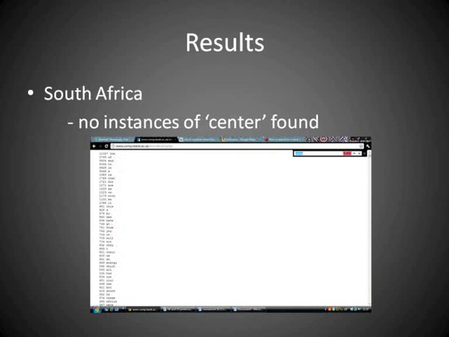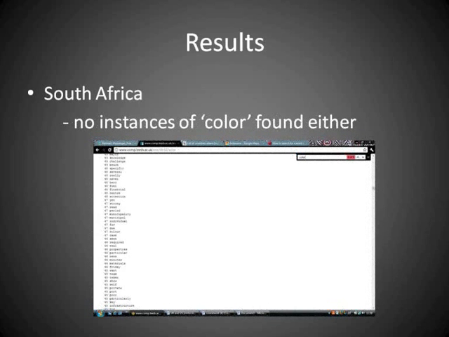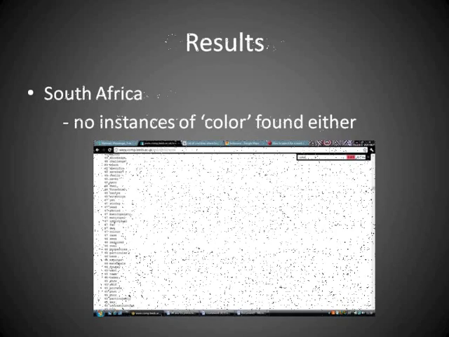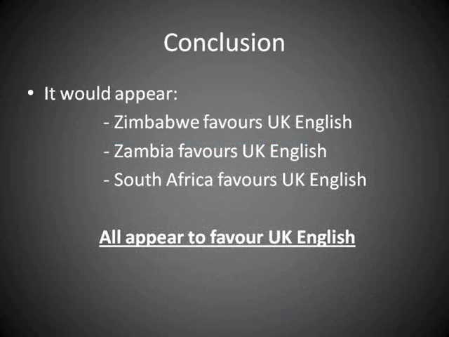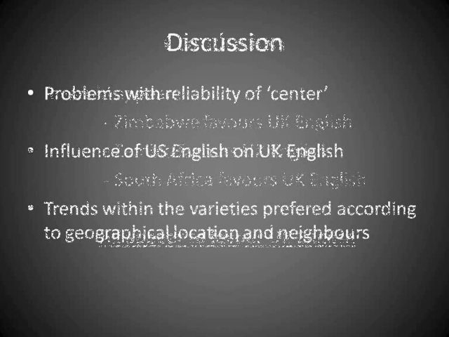For South Africa, there were no instances of centre found. There were no instances of colour found either. From these results, it would appear that Zimbabwe favours UK English, Zambia favours UK English, and South Africa also favours UK English. They all appear to favour British English.